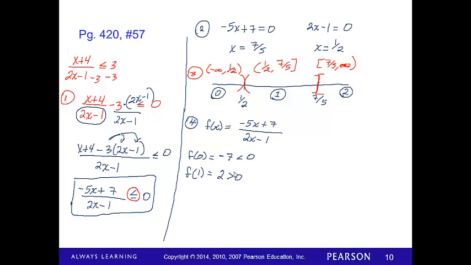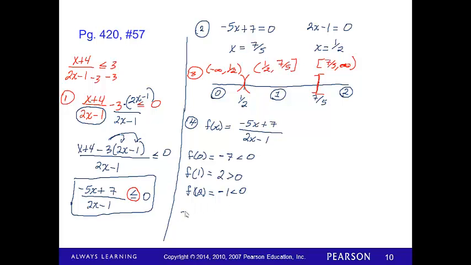Negative 5 plus 7 over 2 minus 1 is 2, which is greater than 0. And then when you plug the 2 in, let's see what we get. Negative 5 times 2 plus 7, divide by 2 times 2 minus 1, and we get negative 1, which is less than 0.